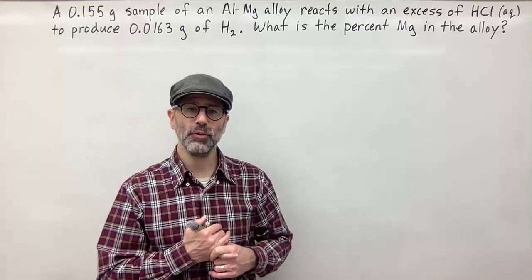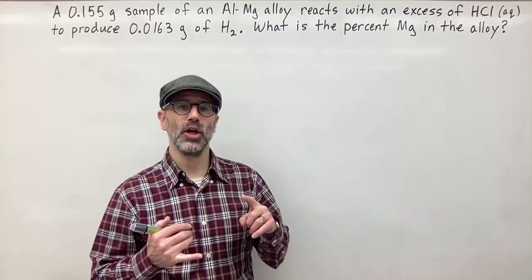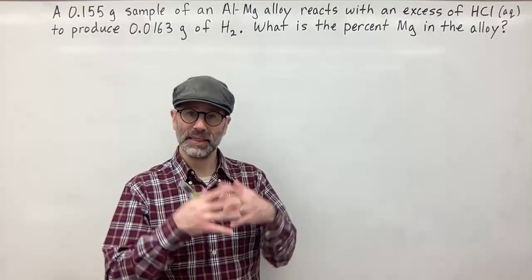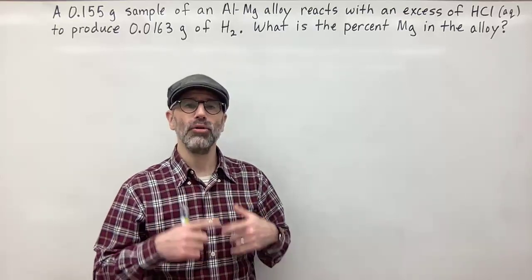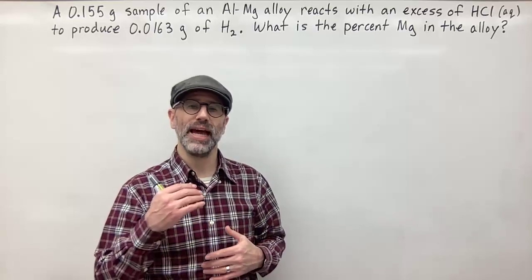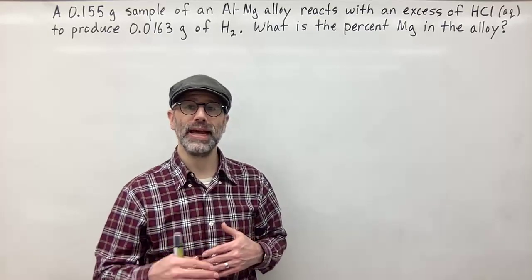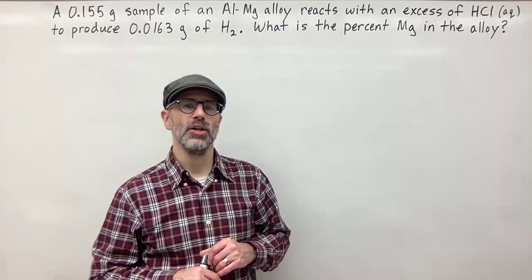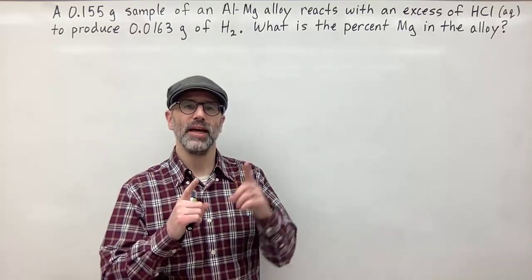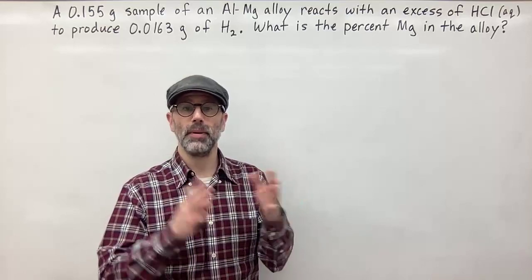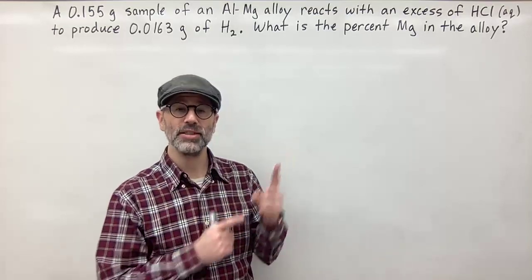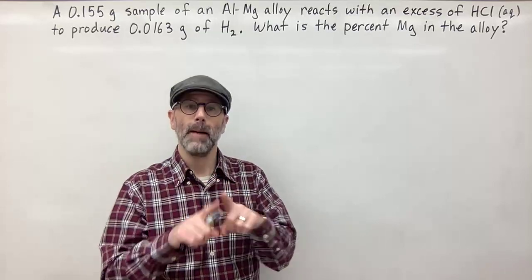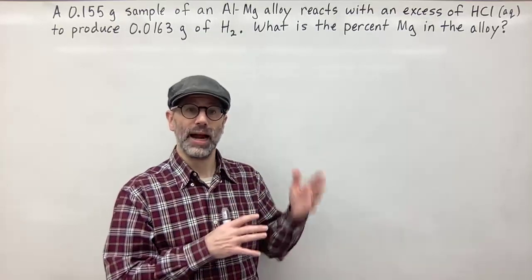Well, first thing we know is that both aluminum and magnesium are mixed together in the alloy, and both of them are reacting with the HCl to create the same product, which is H2 gas. So if I know that the alloy is made up of aluminum and magnesium only, and I know the mass, well, then I know both of those metals added together must be the total mass that I'm given.